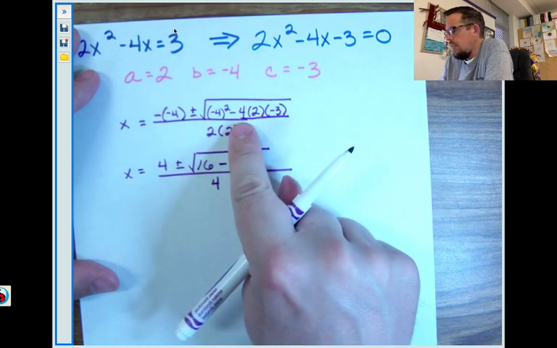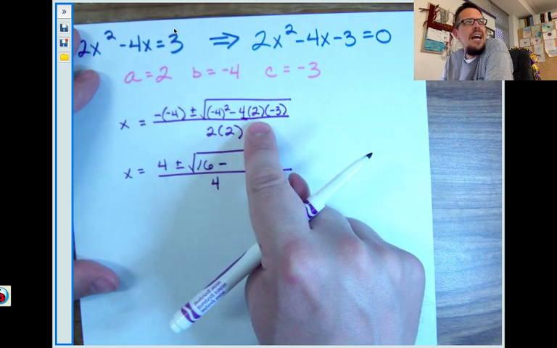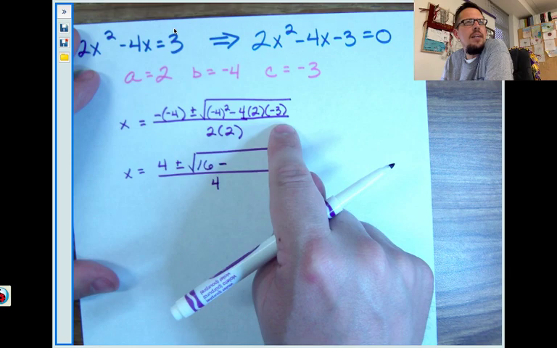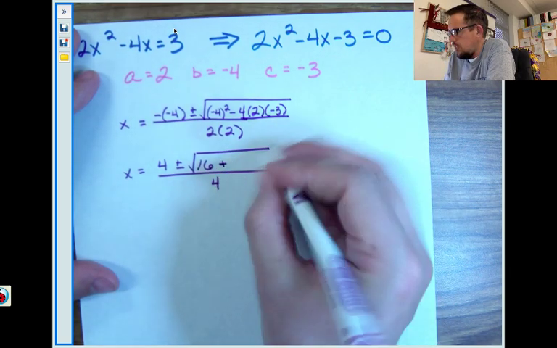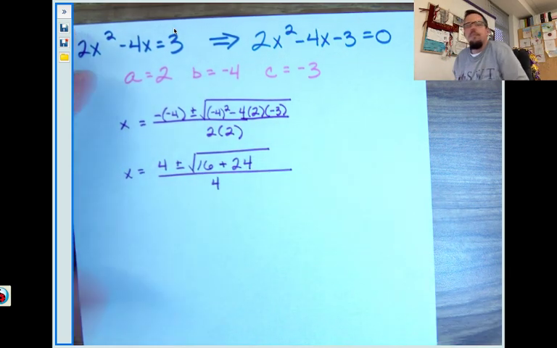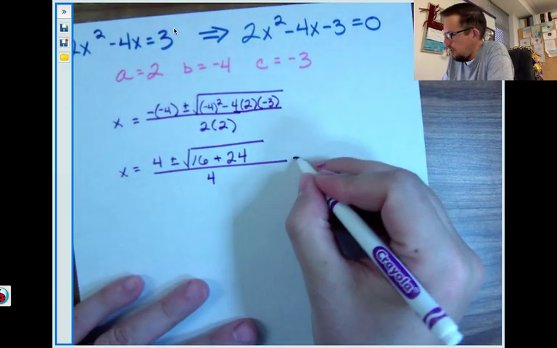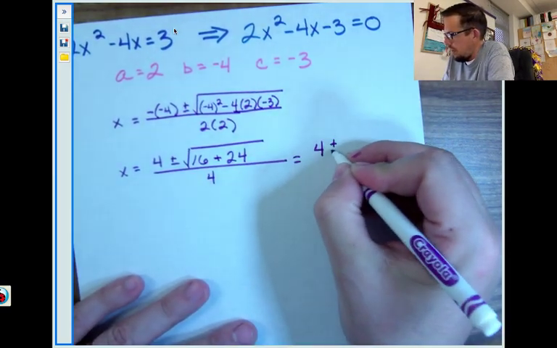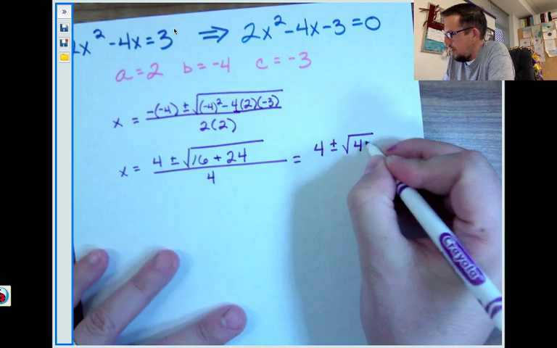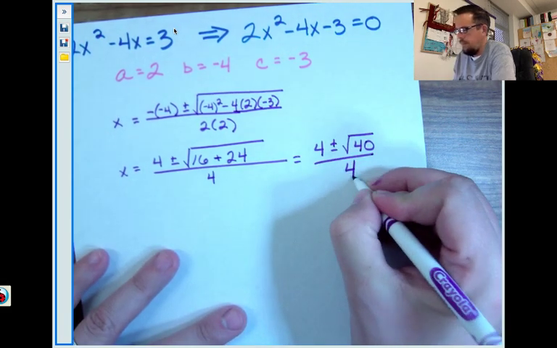Minus 4 times 2? Negative 8. 8 times negative 3. Positive 24. So plus 24. And 16 plus 24 is 40. So I'm going to do 4 plus or minus the square root of 40 over 4.